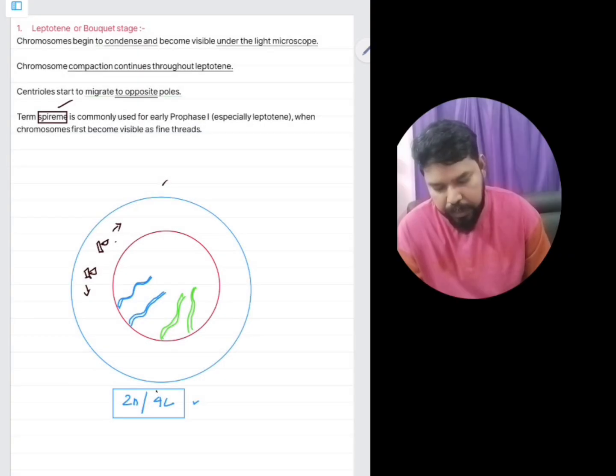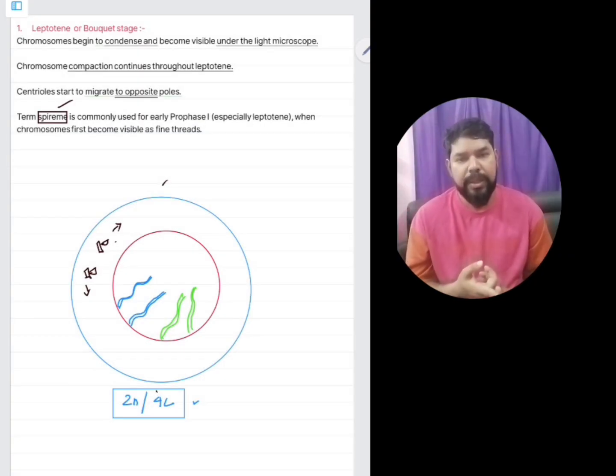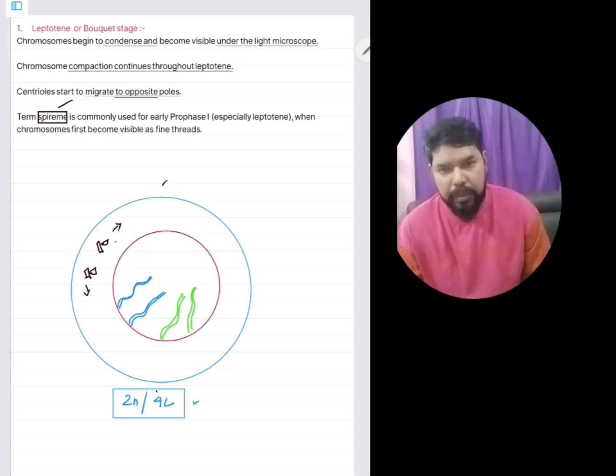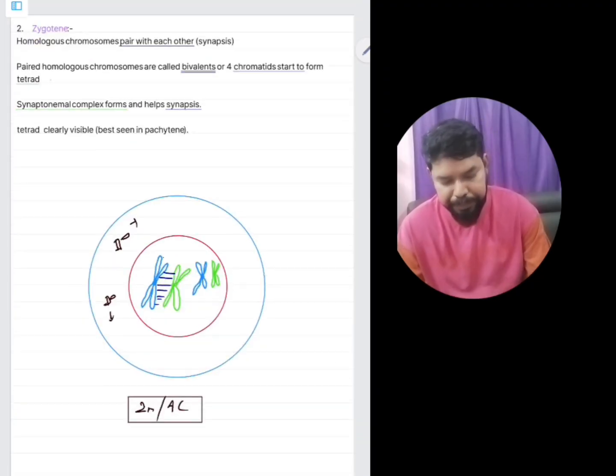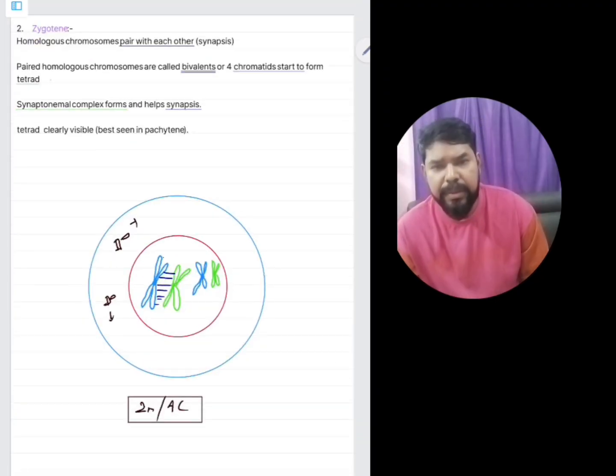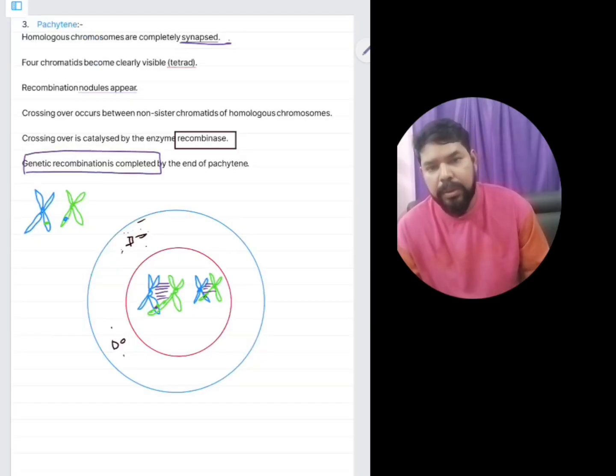Now, what have we seen till now? We have seen leptotene. In leptotene, chromosome compaction has taken place, and the chromosomes are visible in a light microscope. In zygotene, you have seen the synaptonemal complex appear. After that, two homologous chromosomes fuse with each other, and that process is called synapsis. After that, bivalent and tetrad formation happened. Then in pachytene, crossing over has taken place.